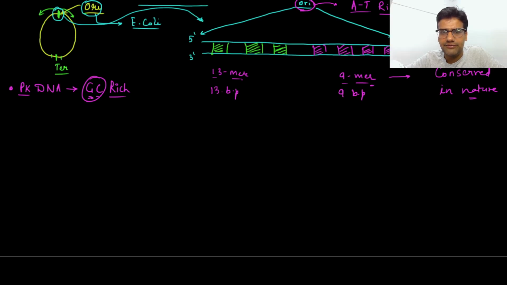That means if we mutate this part of the DNA, there will be no replication or a small amount of DNA replication, because this is the part of the DNA by which the enzymes are going to locate the site of DNA replication.